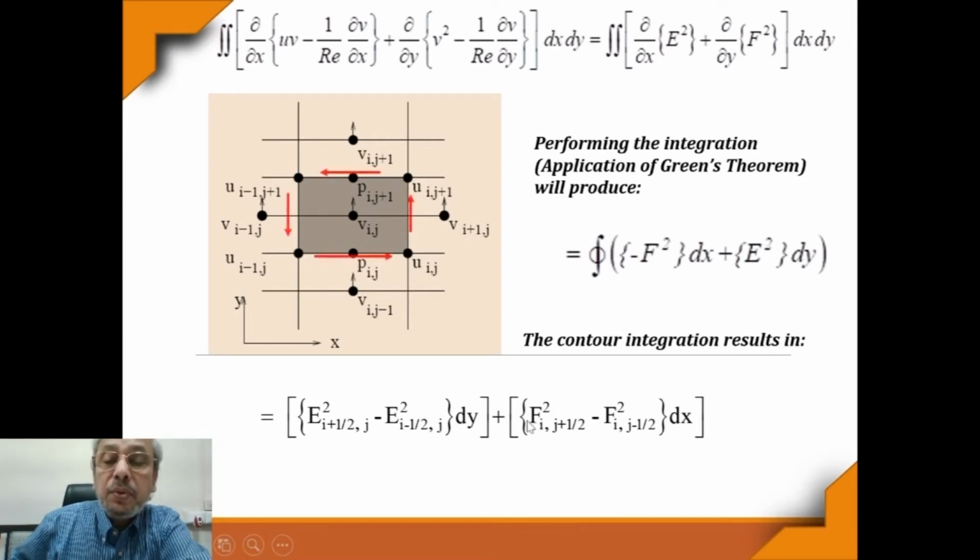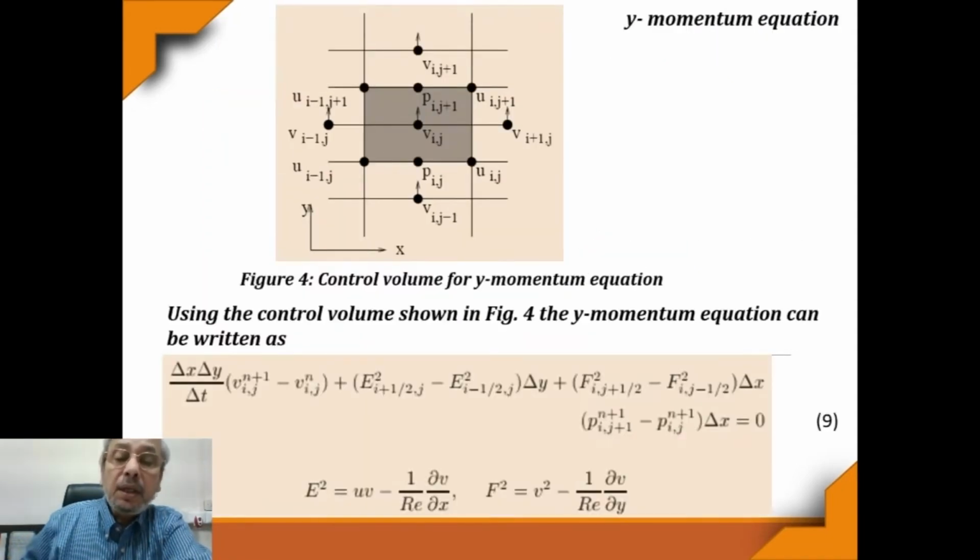So F2 i j plus half minus F2 i j minus half, into delta x. And that is how we evaluate this integral.